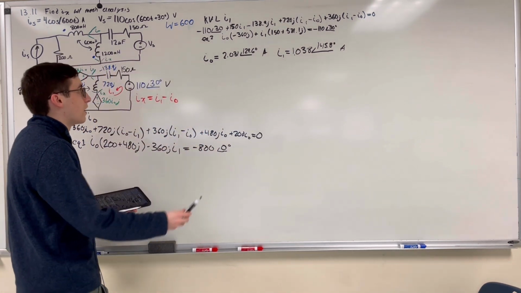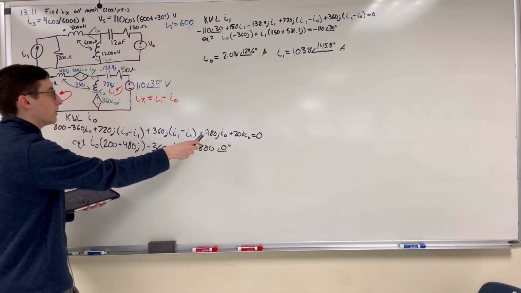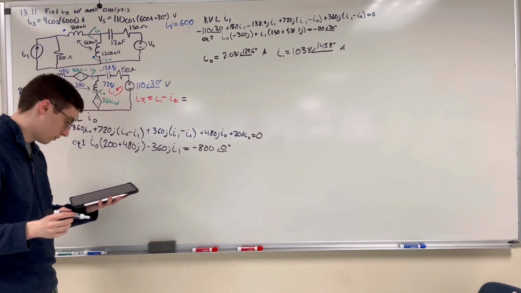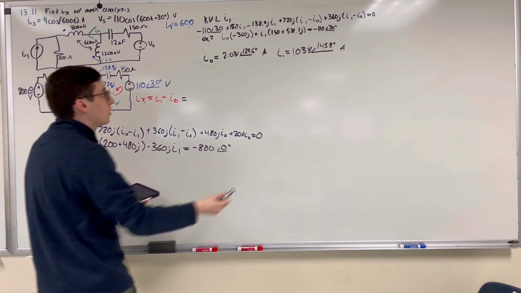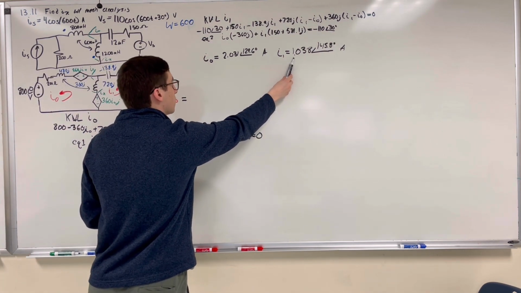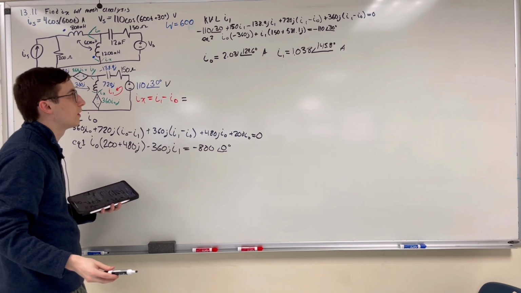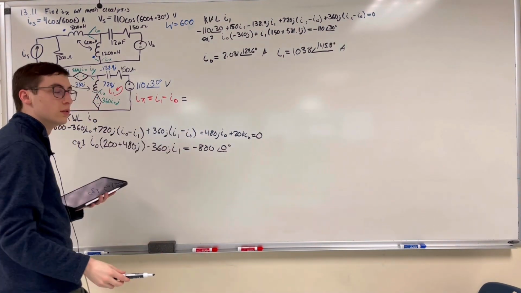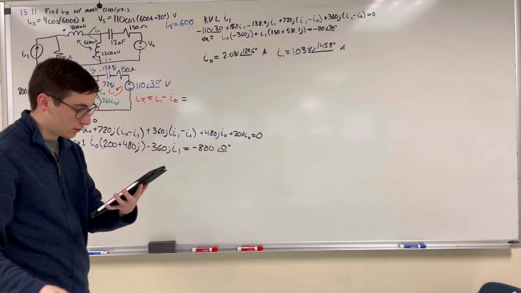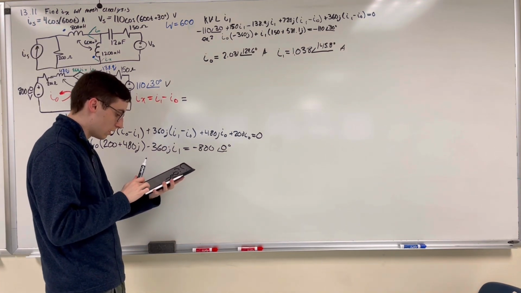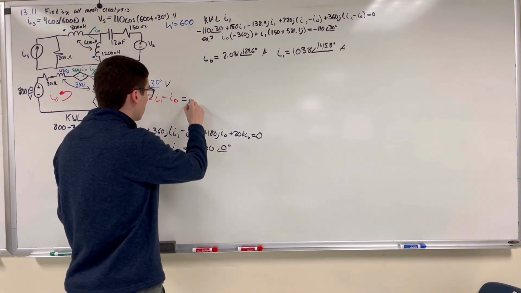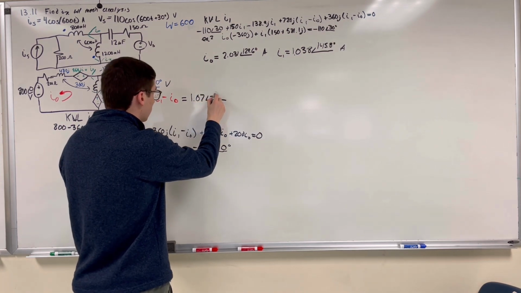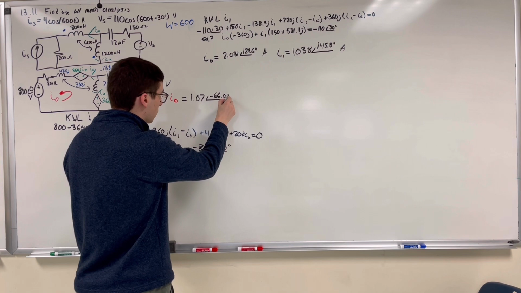So now that we have our two currents, we can simply plug them into our IX equation to find IX. So it's going to be 1.038 with the phase angle 145.8 minus 2.031 with the phase angle of 129.6. So that will get you 1.07 with a phase angle of negative 66.04.